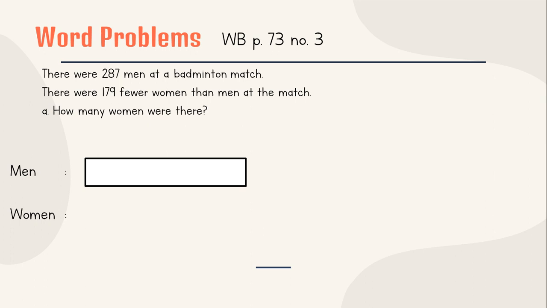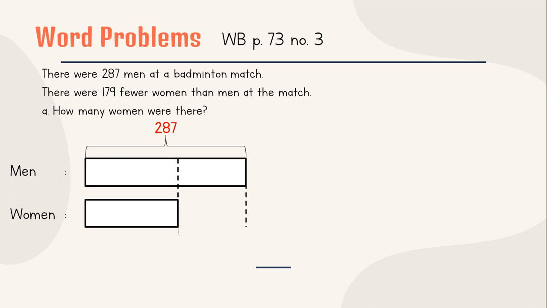It means that the model for the women must be shorter. And then the difference will be 179 people. That's it. Now, can we answer the question? Yes. Minus it.